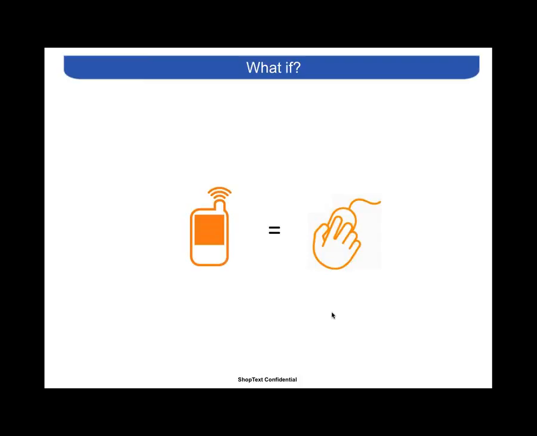And instead of having the consumer go online to fill out that form, where they register for a sweepstakes or a sample or a coupon, and you pop up a form that says, please enter your name and address and email, what if you could just do that with a text message instead of a mouse click?